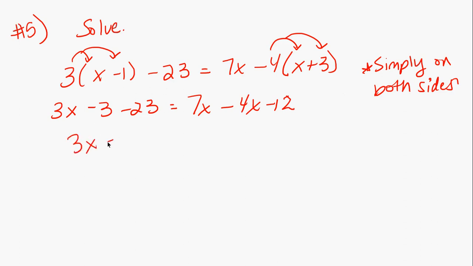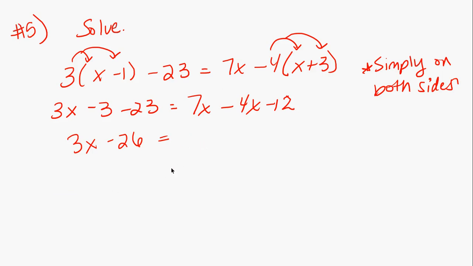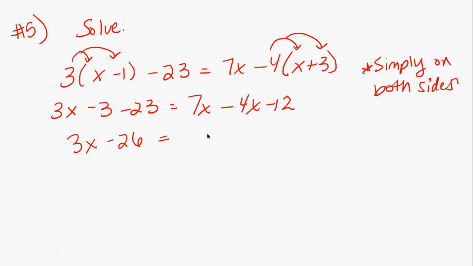On the left here, we get 3x minus 26 equals 7x. Oops, that should be 3x. Minus 12.